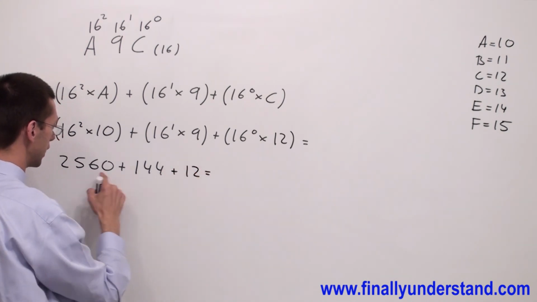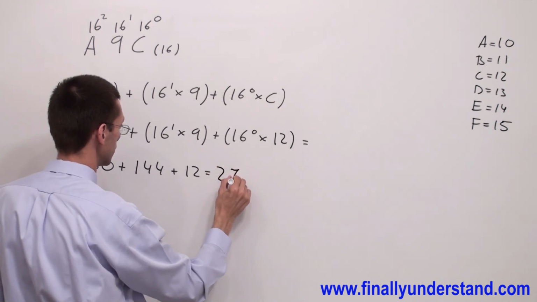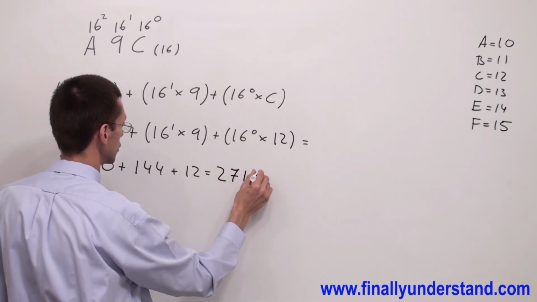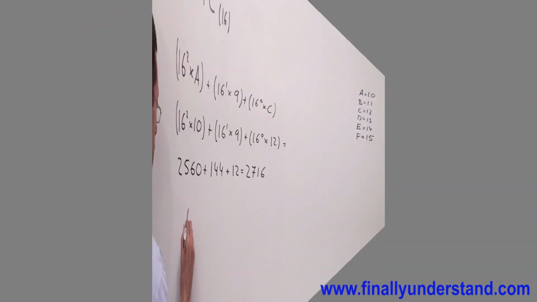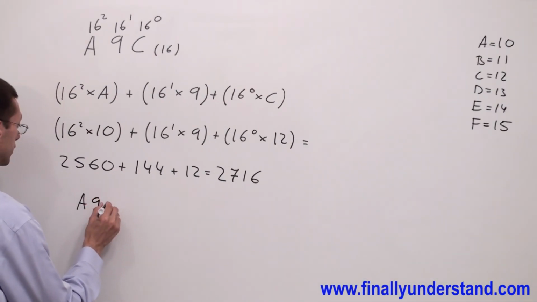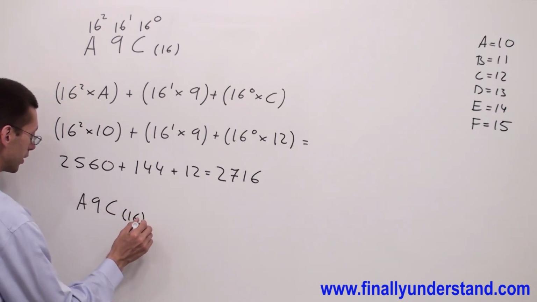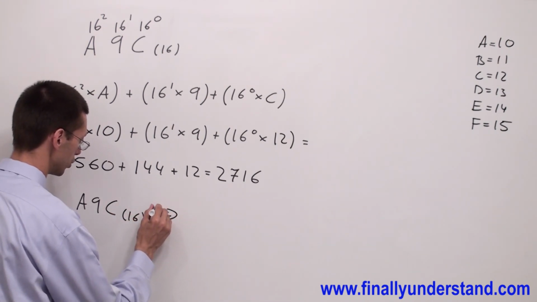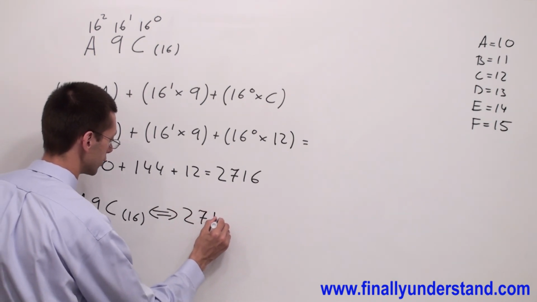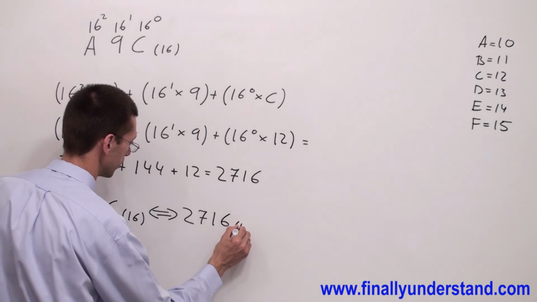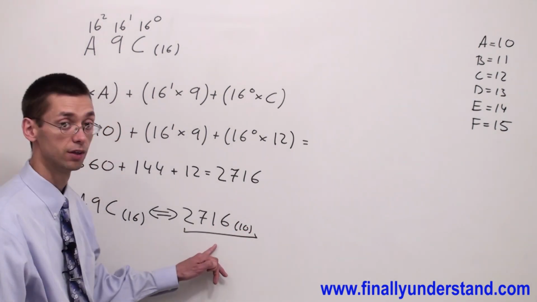If you are going to add all of them together, you'll get the answer 2716. So I can say that A9C base 16 is equivalent to 2716 base 10. And this is the solution to my problem.